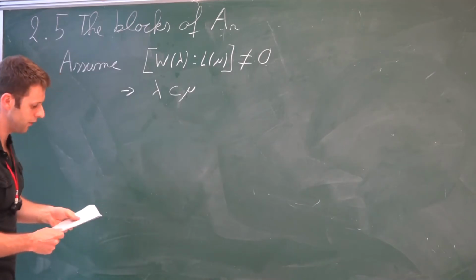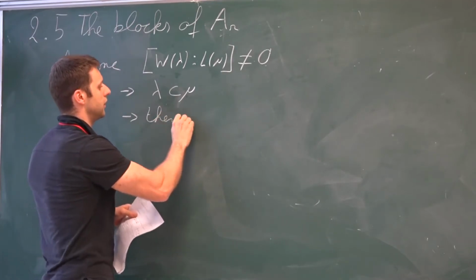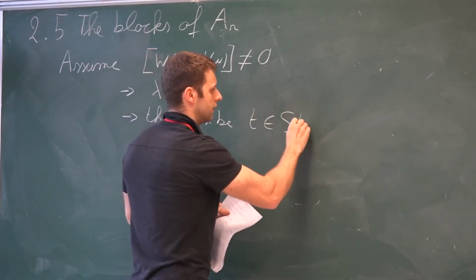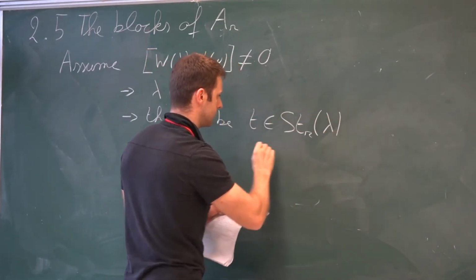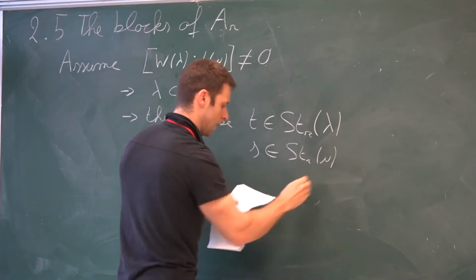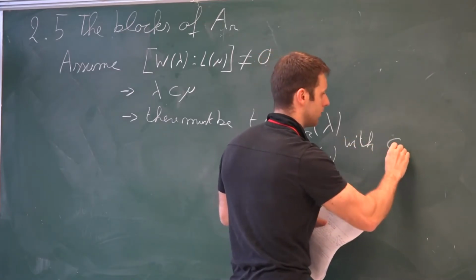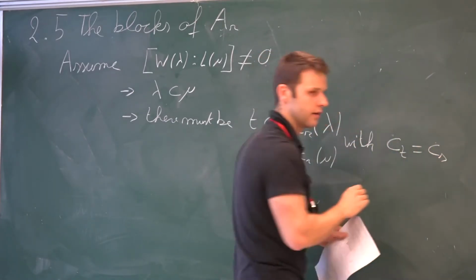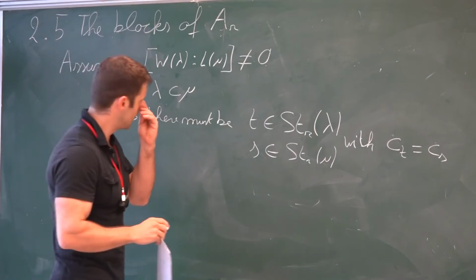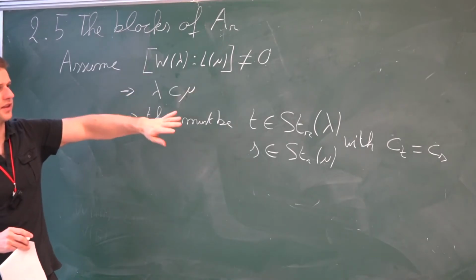But now, based on our Jucys-Murphy elements, we must have the following. So there should be some path leading up to lambda and some path leading up to mu, for which those numbers that we've just described lead to an identical sequence. Because if this is non-zero, then somehow there is a part of one cell module contained in the other.